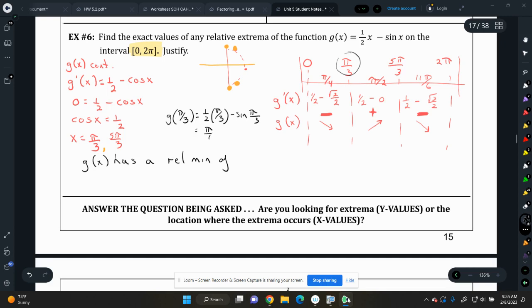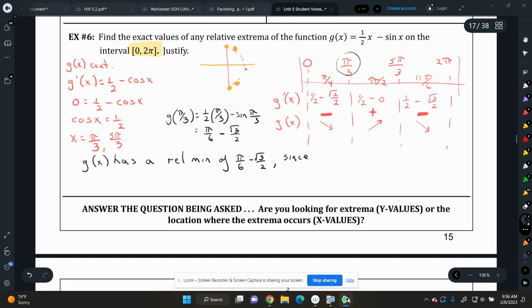That gives me pi over 6 minus, what's the sine of pi over 3? No, actually it's the square root of 3 over 2. And we can leave our answer just like that if it's a non-calculator section. G of x has a relative minimum of pi over 6 minus the square root of 3 over 2, right?